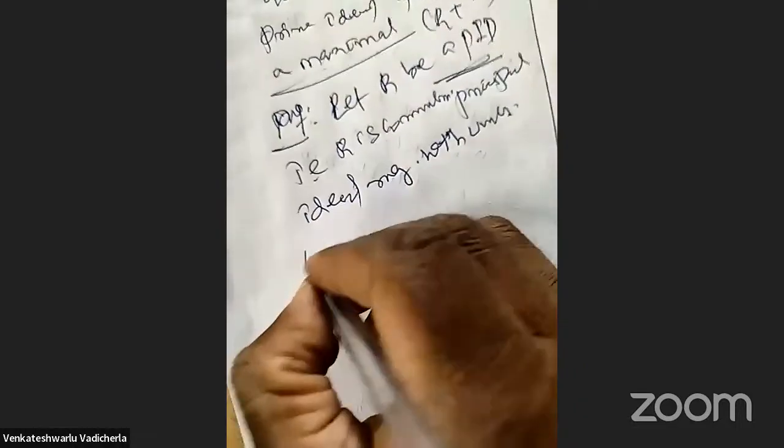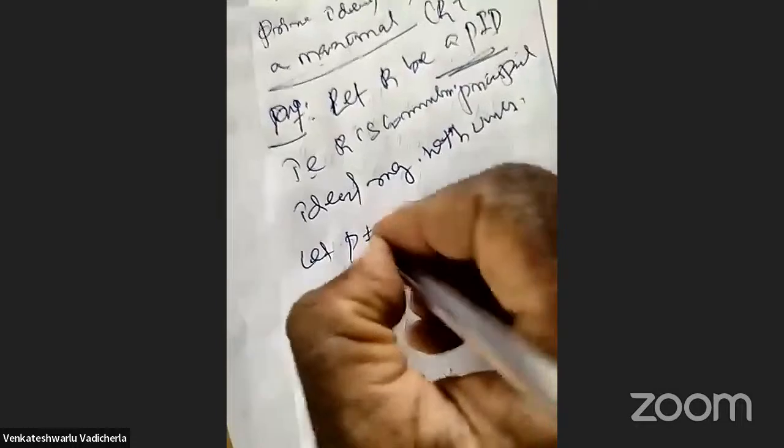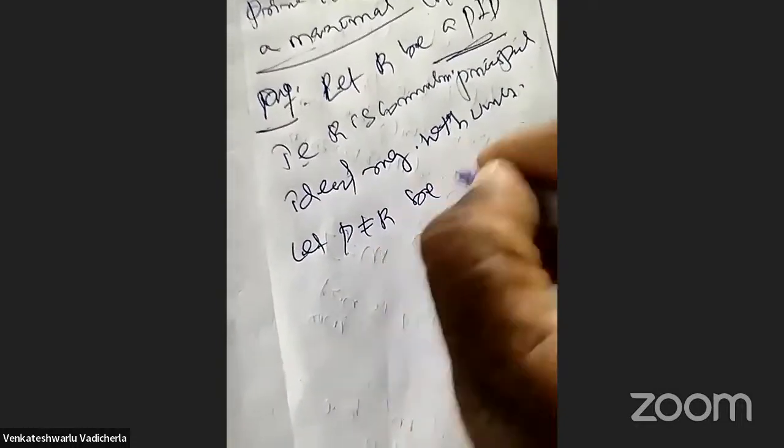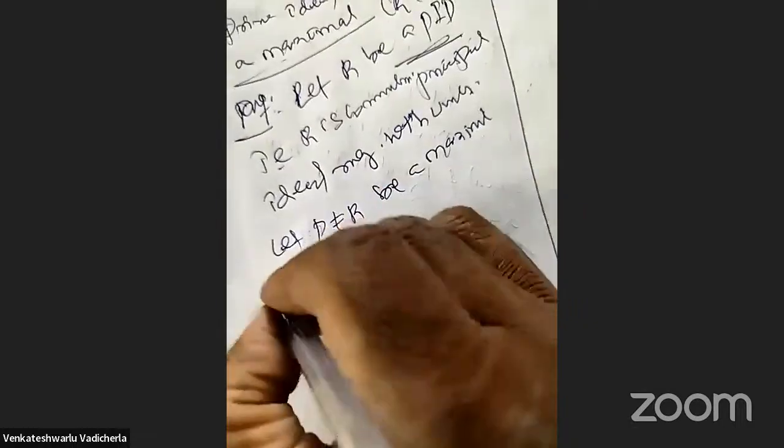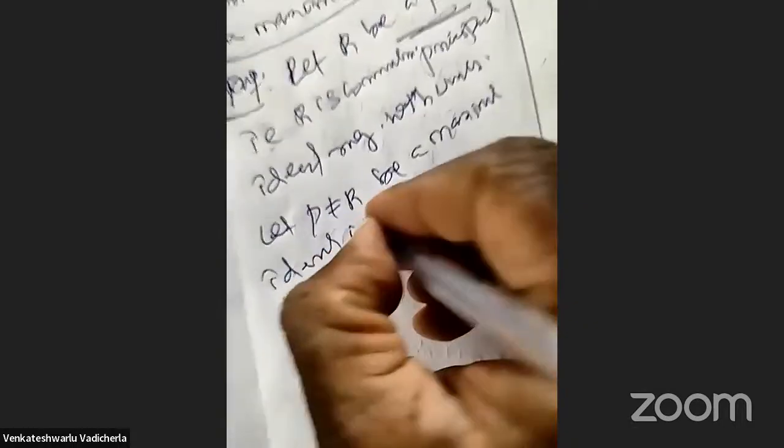So let P not equal to R be a maximal ideal in R.